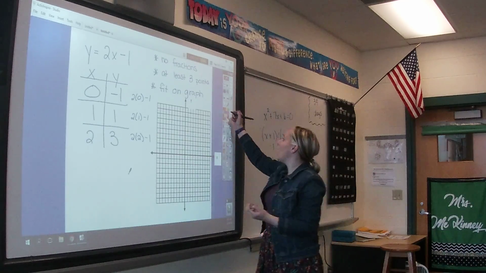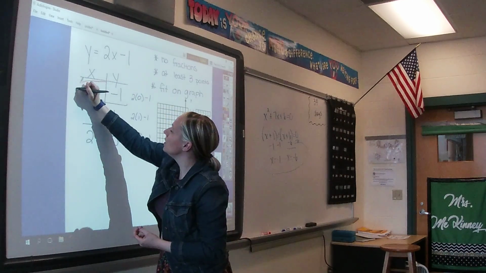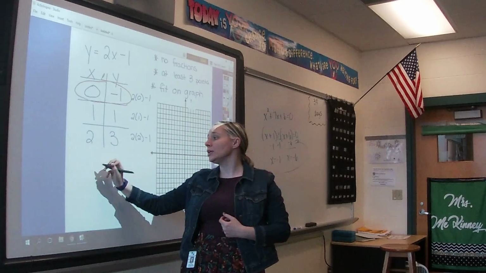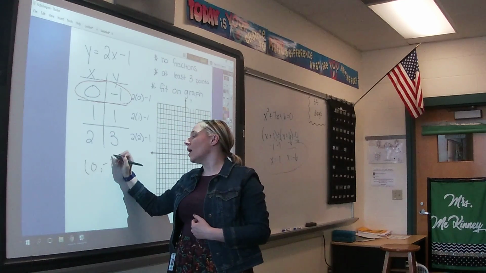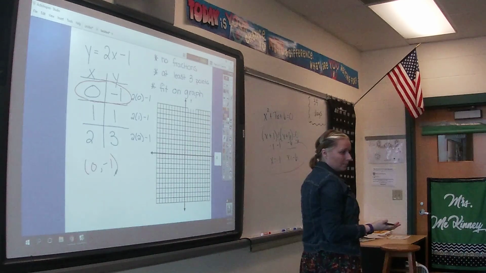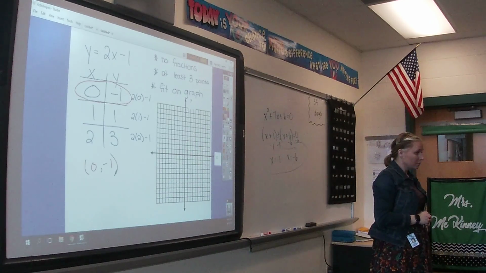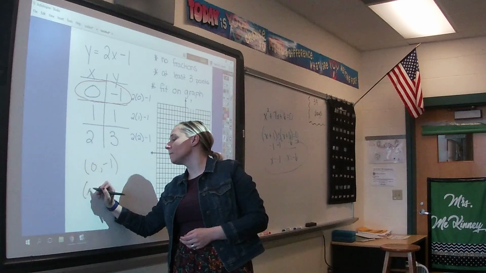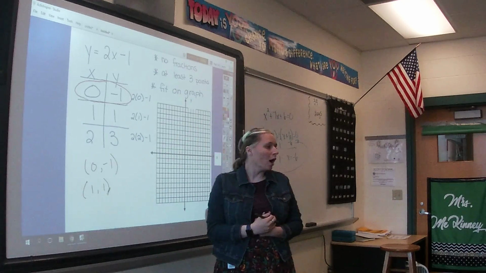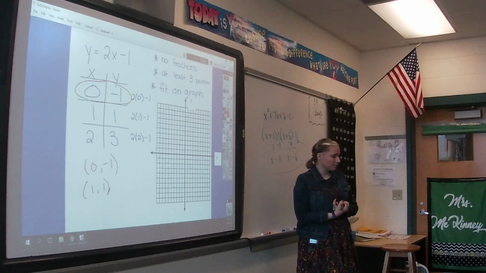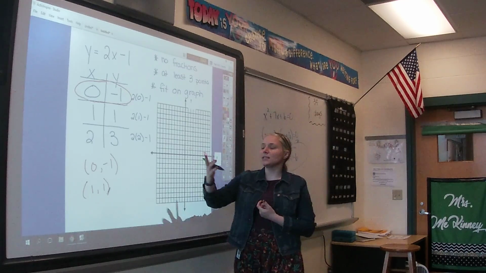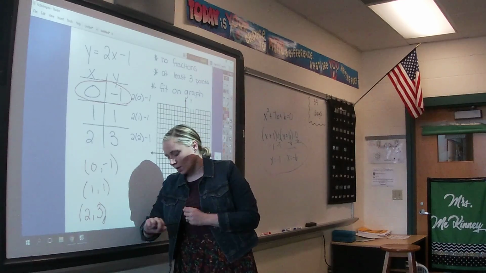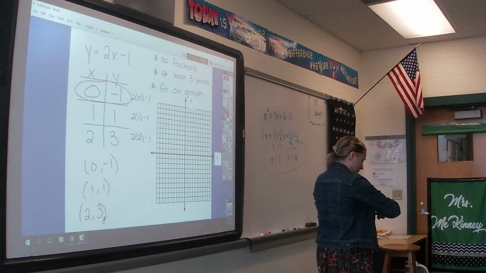So we knew that right here on the table, this was telling me that this is actually an ordered pair of 0, -1. Okay, and this is actually an ordered pair of 1, 1. And this is actually an ordered pair of 2, 3.